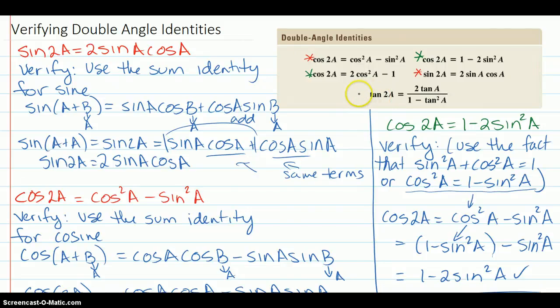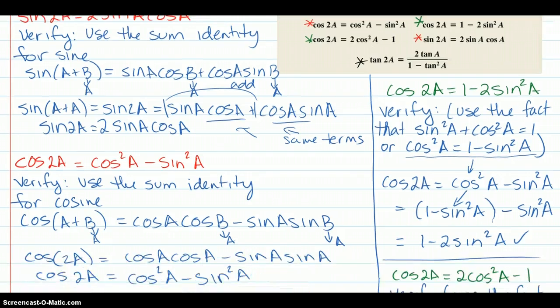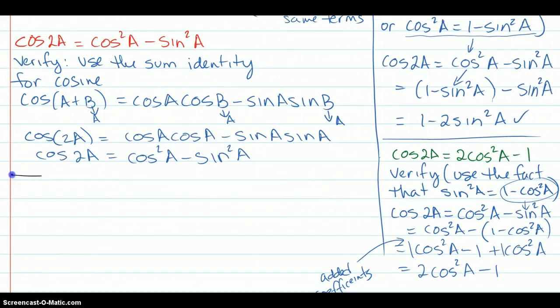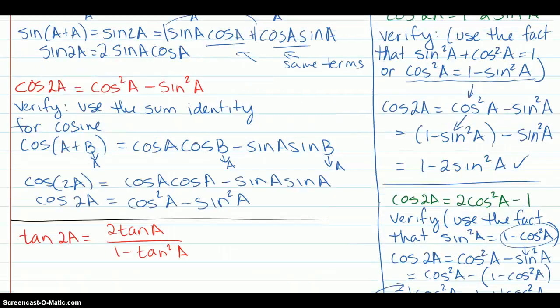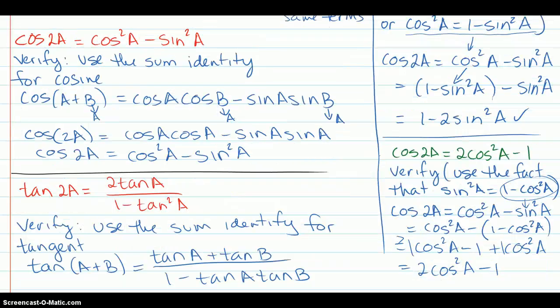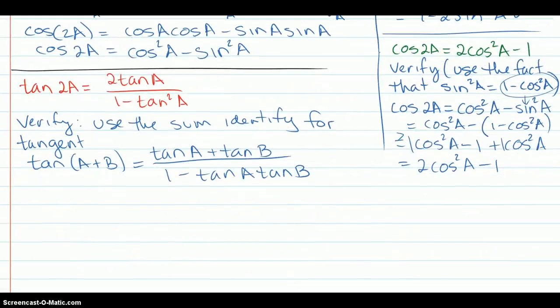Finally, let's look at tangent of 2a. To verify that, we're going to use the sum identity for tangent. Tangent of a plus b is equal to tan a plus tan b, over 1 minus tan a tan b.